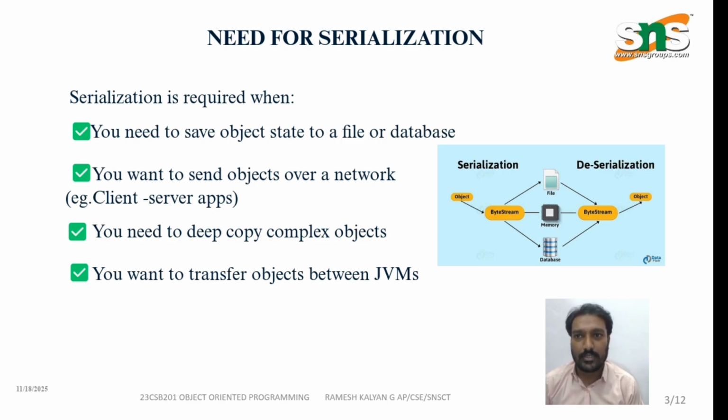The third use is with complex objects: in solving complex problems or complex algorithms, we need serialization so that it can be converted to an object or back to a byte stream. The fourth is in order to transfer between JVMs, that is Java Virtual Machines. JVM is nothing but Java Virtual Machine. To transfer between two Java Virtual Machines, we use serialization.